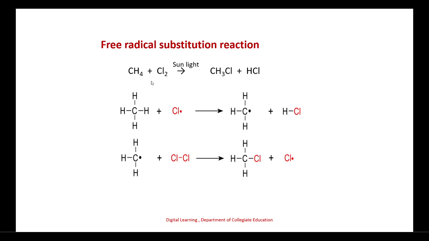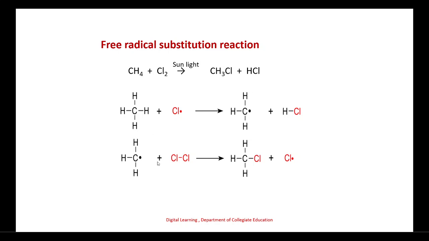When methane is treated with chlorine in presence of sunlight or diffused light, there is a replacement of a hydrogen atom by a chlorine atom to form the product, chloromethane. Since this substitution reaction involves a free radical, it is called a free radical substitution reaction.